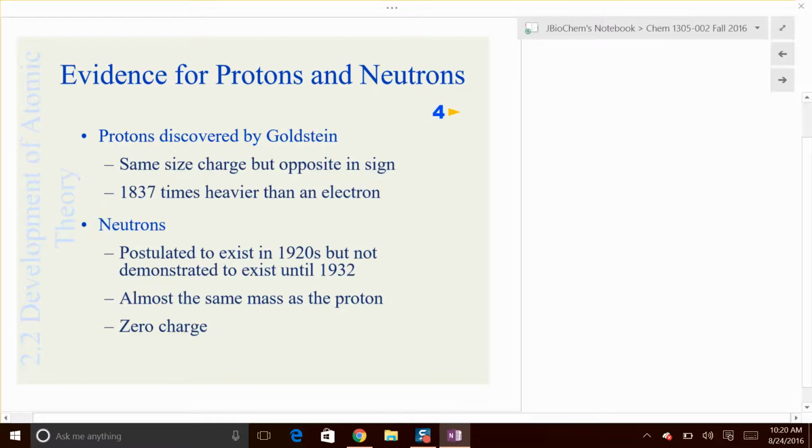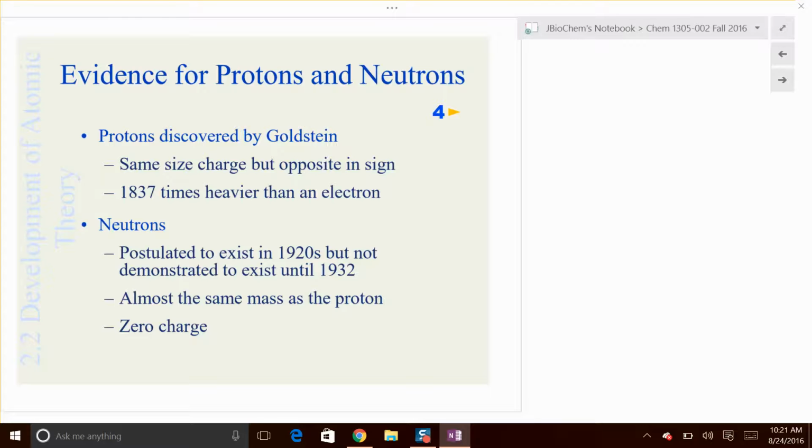Okay, so that was the first kind of start of our understanding of these atomic particles. And then later the proton was discovered in a similar way. They discovered the same charge but opposite in sign. The proton has the same charge as an electron, but an opposite sign, and it's a lot heavier.